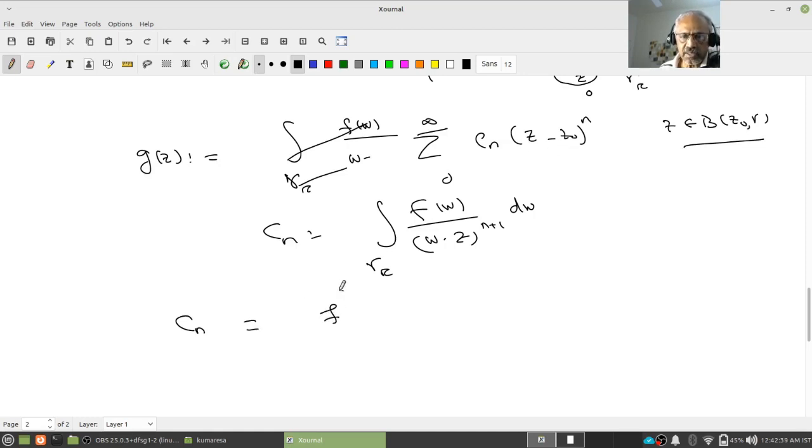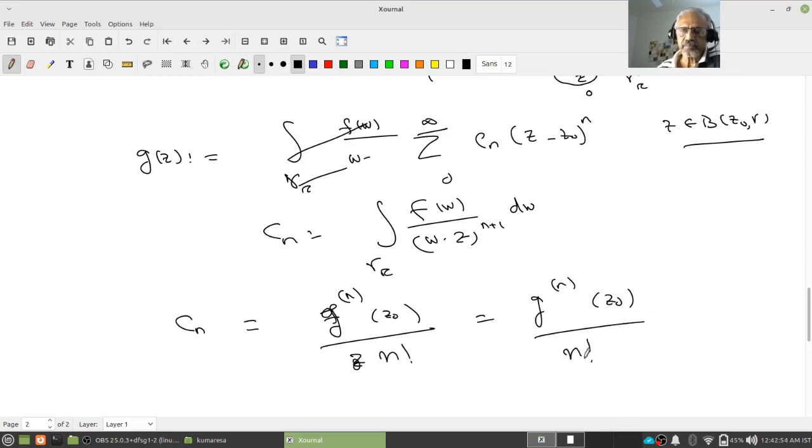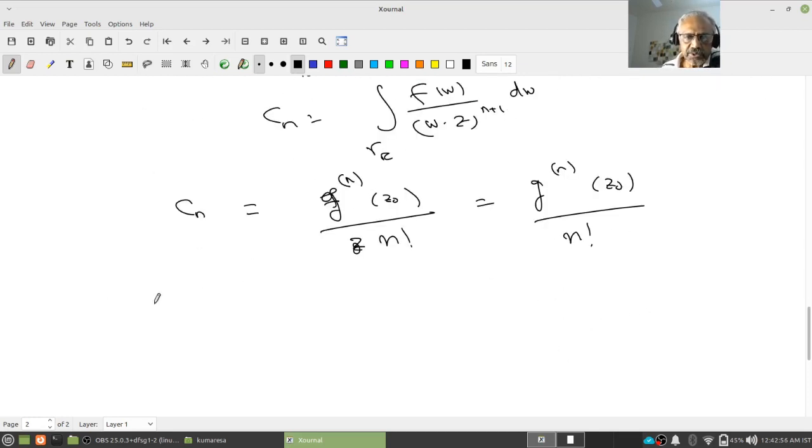They are nothing other than the nth derivative of g at z naught divided by n factorial. Since g is analytic, it is infinitely differentiable, and the nth derivative is given by n factorial times the integral of f of w by (w minus z naught) to the power n plus 1.